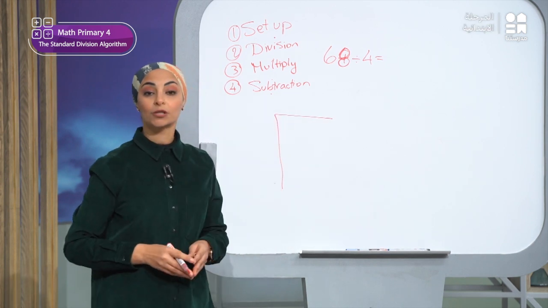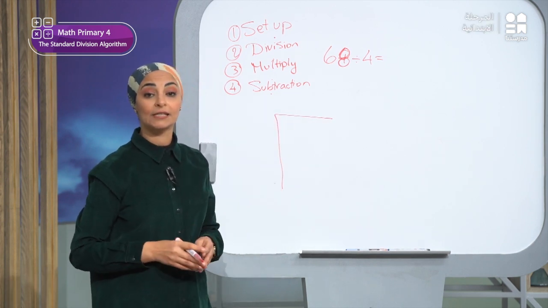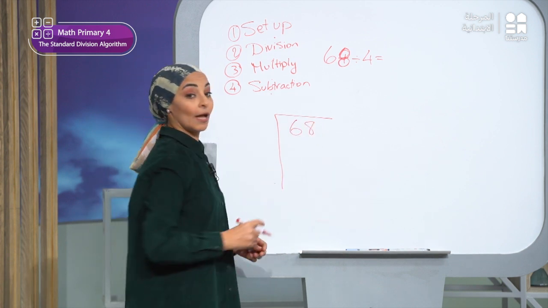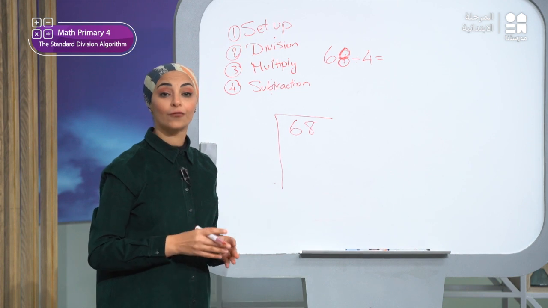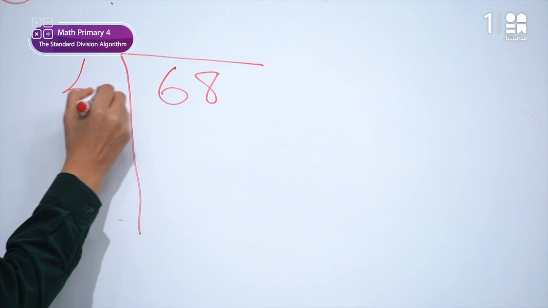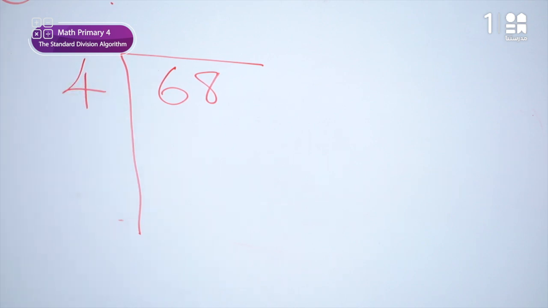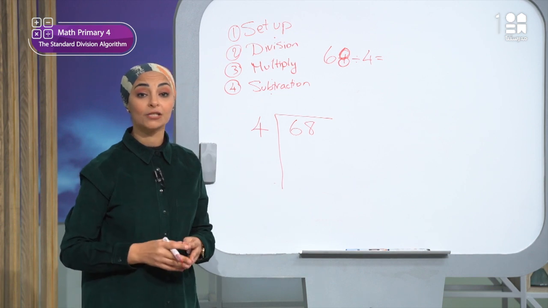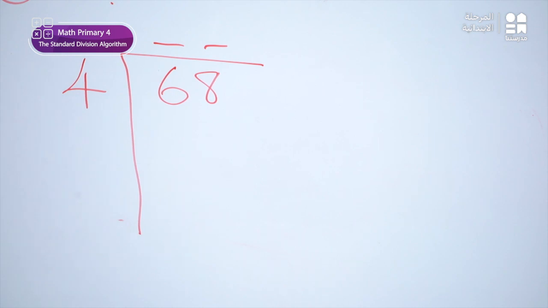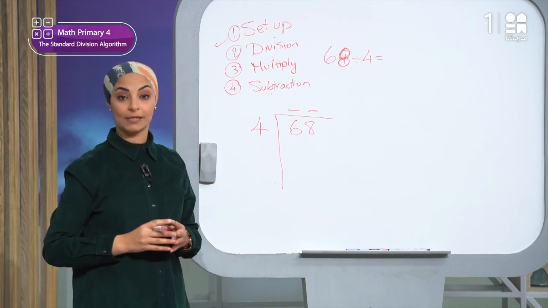Then I will write the dividend 68 under the line like this, and I will write the 4, the divisor, at the left of the division symbol, here. Then I will write the outcome of the answer at the top of the line. I will write the answer here. So I have finished the first step, set up.